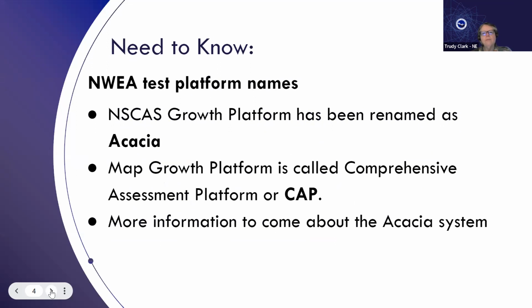The MAP growth platform remains CAP, Comprehensive Assessment Platform. But there will be more information around Acacia system because I believe they're going to refer to it as Acacia reports. And then I think there's another designation using Acacia. So just so you know that when you see Acacia in terms of NSCAS, specifically around NSCAS growth, that it refers to this platform, this product.